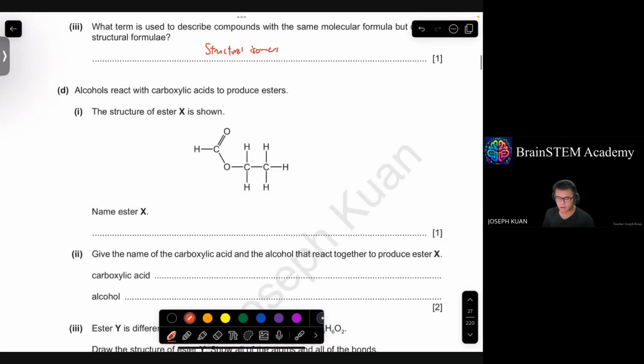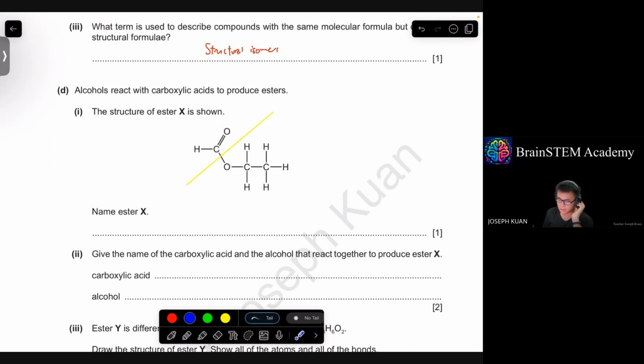Moving on to D, alcohols react with carboxylic acid to produce esters. Name ester X. So the structure has, let me just establish this real quick. How do we recognize this? We cut via the bond between the carbon-oxygen double bond and also the carbon-oxygen single bond.